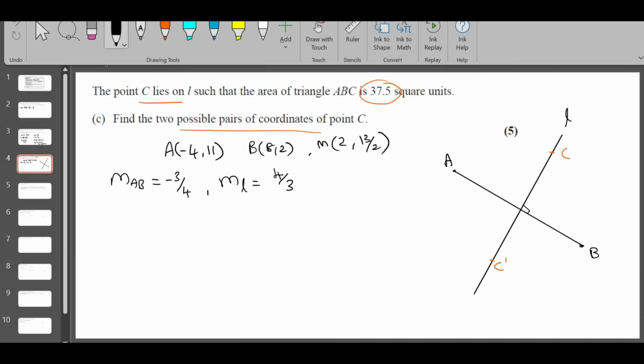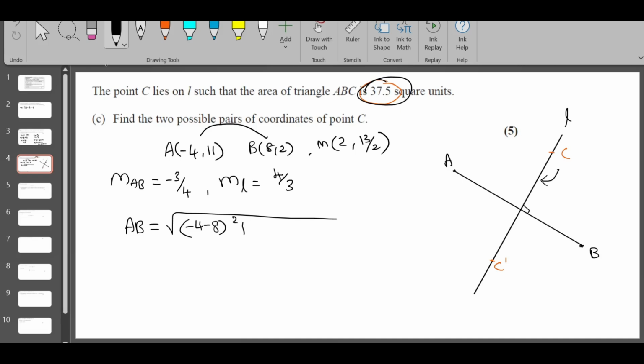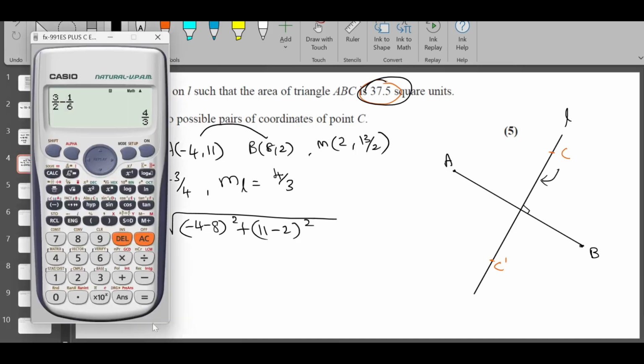Let's find the length of AB, because we are planning to find this length using the area. Length of AB is the square root of, using these 2 points, x2 minus x1 the whole square, plus y2 minus y1 the whole square, which is minus 12 square, which is 144, plus 9 square, is 15.